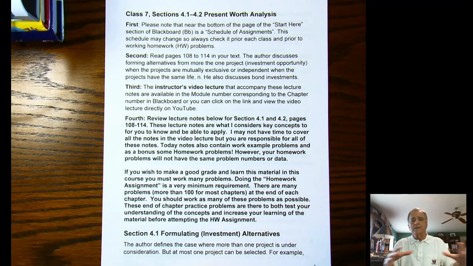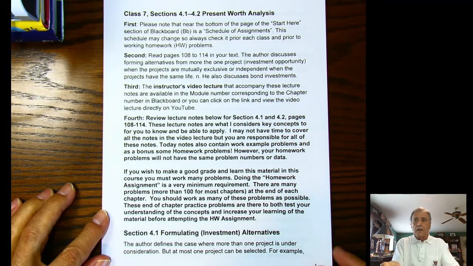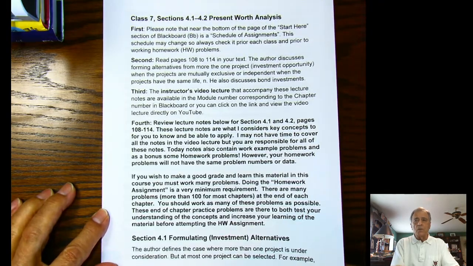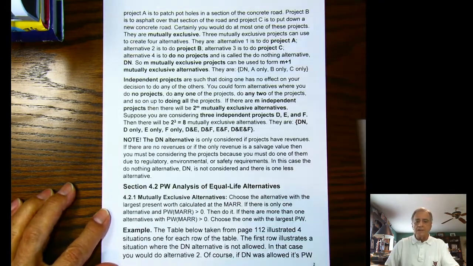When there are a lot of independent projects, we generally call that a capital budgeting decision, and those kinds of decisions are made at the very high levels of a corporation. A practicing engineer, certainly not a young engineer, is probably not going to be in on those kinds of decisions, but you may be doing the engineering economic analysis that leads to those decisions. So you need to know what's behind those kinds of things.